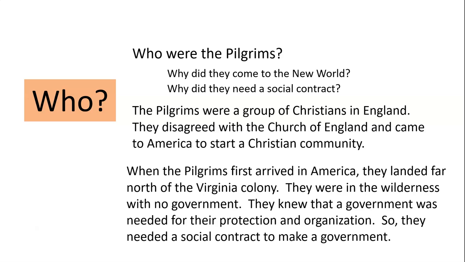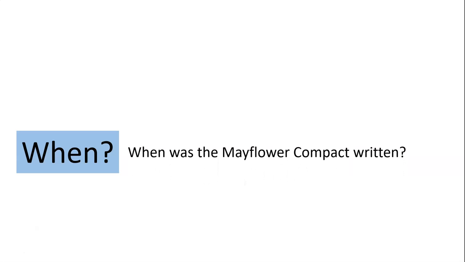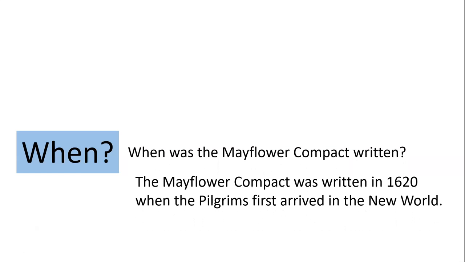So they needed a social contract, again, because they were in a place with no government, what we would call a state of nature, a place with no rules, no government. That could be dangerous, so they needed to stick together and cooperate and make a government. All right, so when? This is easy. When was the Mayflower Compact? It was in 1620.